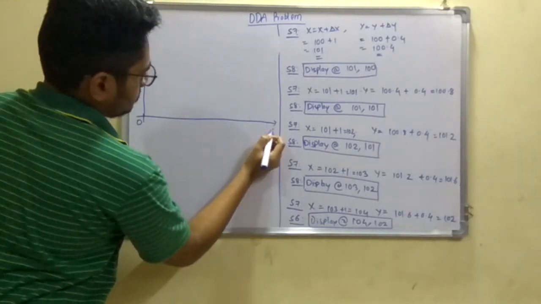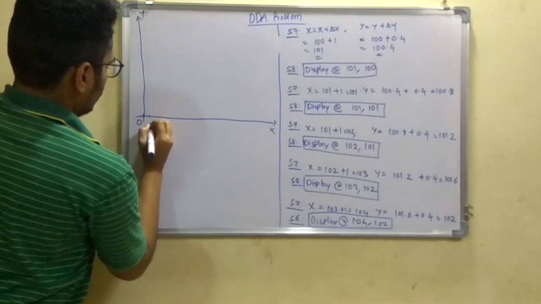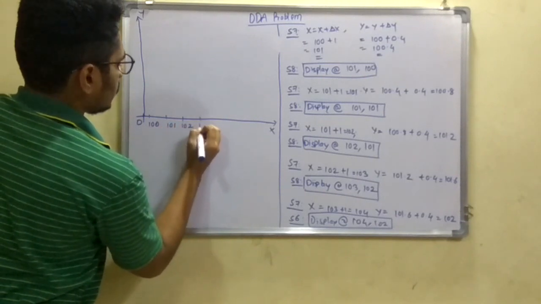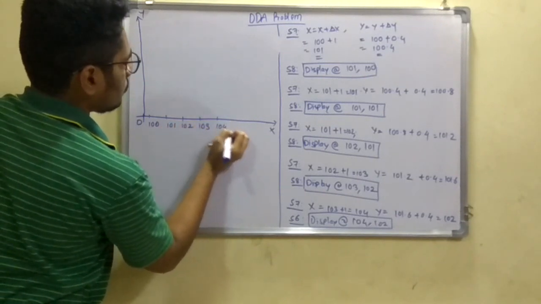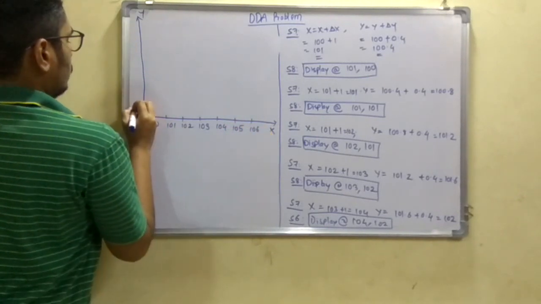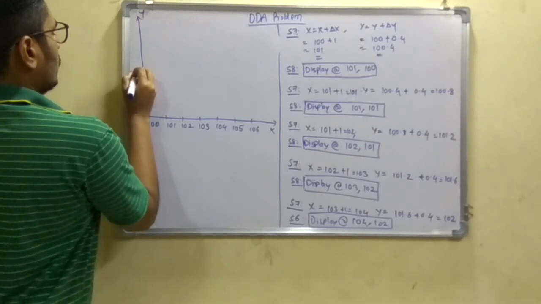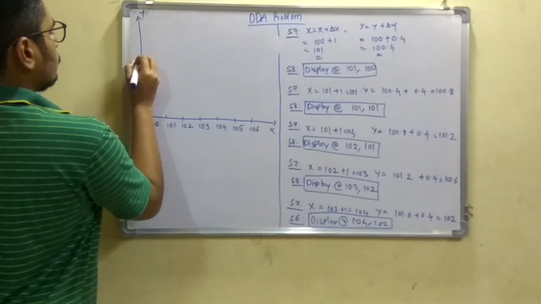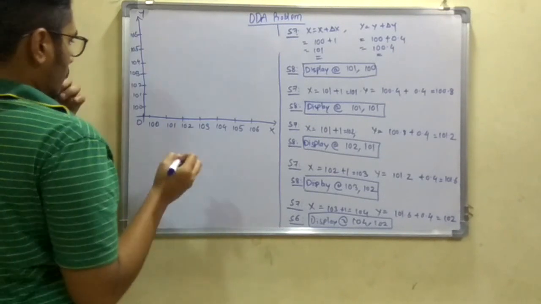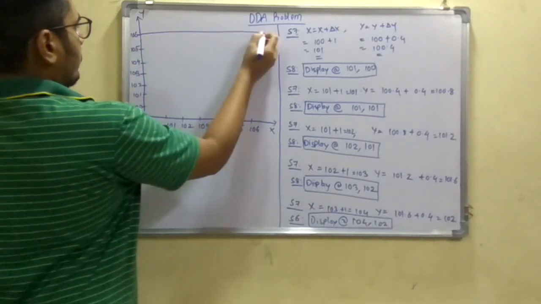So we have y here and we have x here. So this is 100 and this is 101. We have 102, 103, 104, 105, 106. Y also we have 100, 101, 102, 103, 104, 105, 106. And so we want a square here. So we make a square.